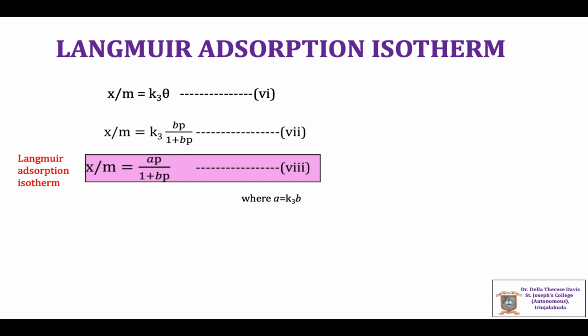The constants A and B are characteristic for a given adsorbate-adsorbent system at a constant temperature. The equation x by m is equal to A into P divided by 1 plus BP is called Langmuir adsorption isotherm.